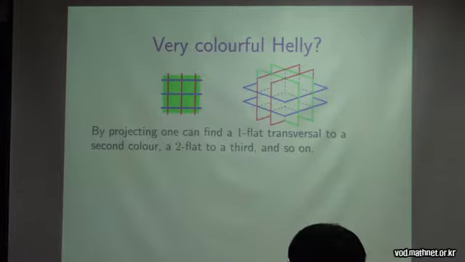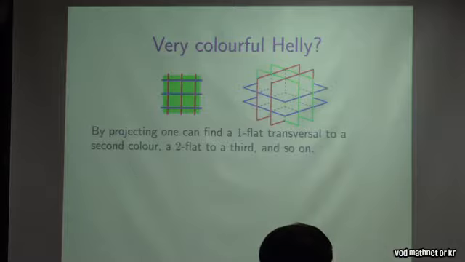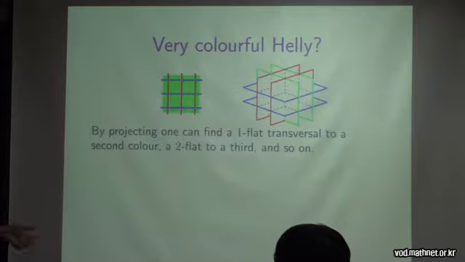And here I can choose any direction. So for any direction, I can find a line that intersects all of the elements of one of the colors. And once I did that, I can project once again and find a plane that intersects all of the elements of a third color, and I can do this for every dimension.